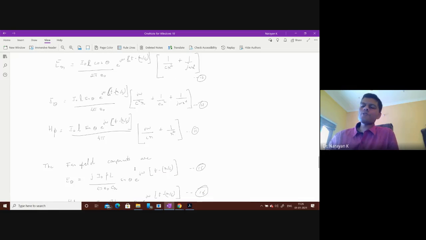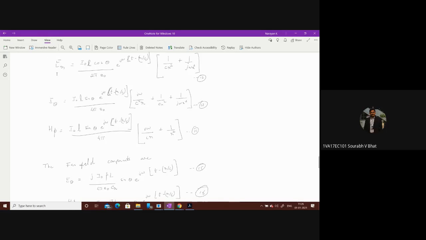No. Far field means what? You are very close to the answer. What is the meaning of far field, Mahima? The point P is quite far from the dipole. That means R will be very large. If R is very large, what happens to ER?